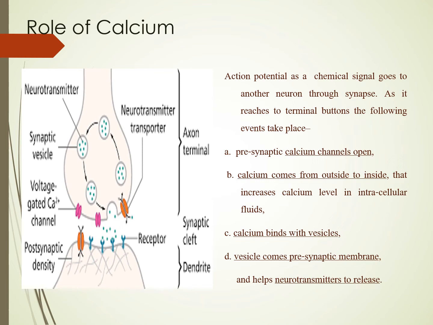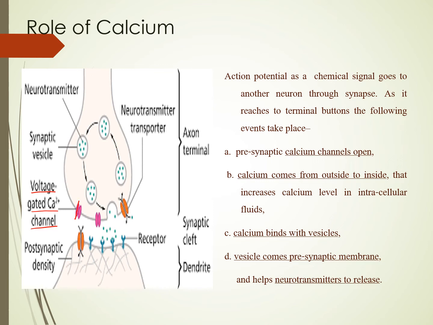Over here, what is mainly important is that when the action potential reaches the terminal button, some events are very important. The first thing is that there are voltage gated calcium channels in the presynaptic neurons. Whenever the action potential reaches, these presynaptic calcium channels open.